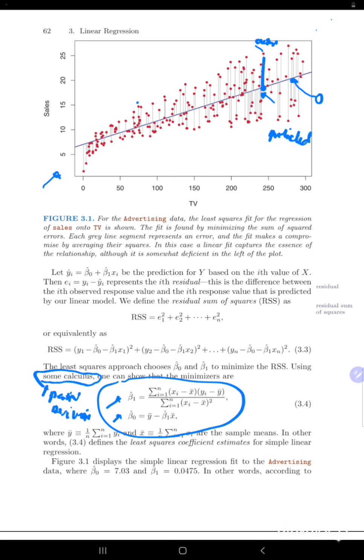As we all know, the formula for a line is y equals mx plus b, where x is the value of the input, b is the y-intercept, and m is the slope.